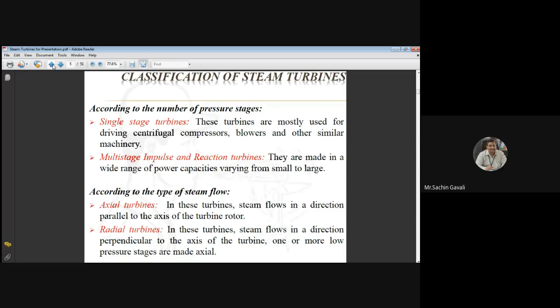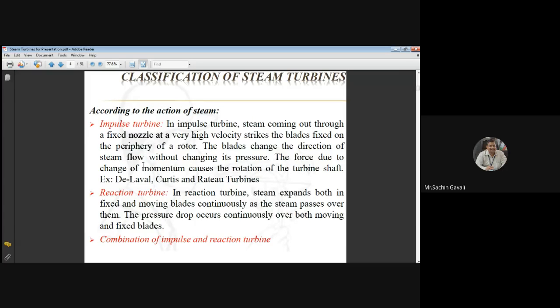Now, which screen is visible on your screen? I am not getting it. On my screen, the power applications of steam turbine screen is visible. On your screen, which screen is displaying? Anybody? Sir, the classification of steam turbine is visible. Okay. Why is it happening?